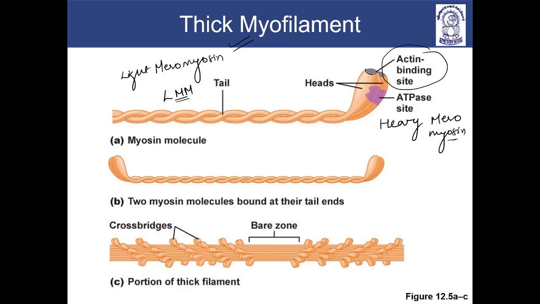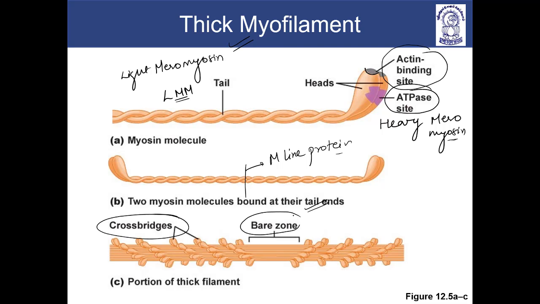Here is the actin binding site. And this is the ATPase site. The two myosin molecules are bound at their tail ends with the help of M-line proteins. These are the cross bridges. This is the bare zone, which does not have cross bridges.